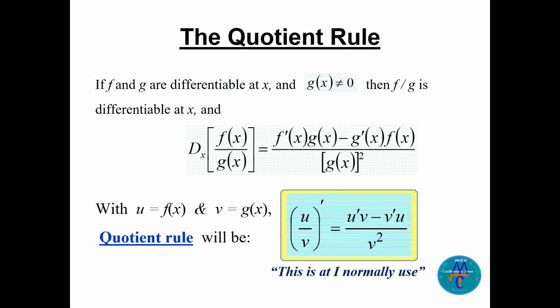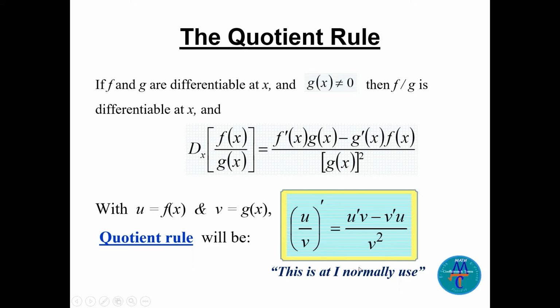Now the quotient rule also is very, very important. The derivative of a quotient f of x divided by g of x will be the derivative of the first in the numerator times the function in the denominator, minus the derivative of g times f, all divided by g of x all squared.